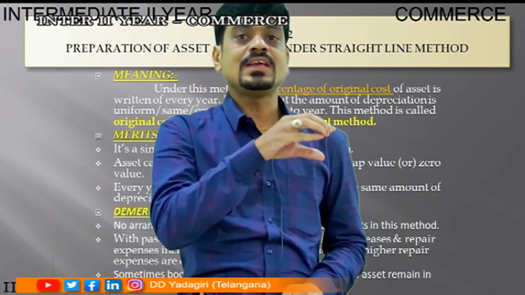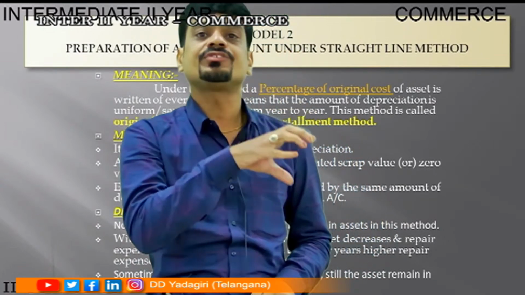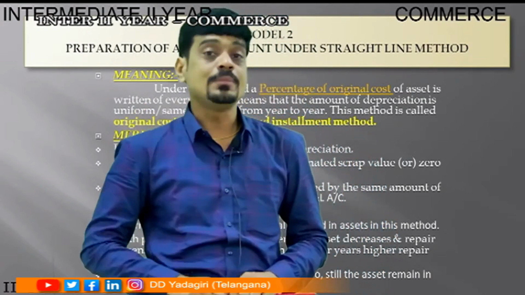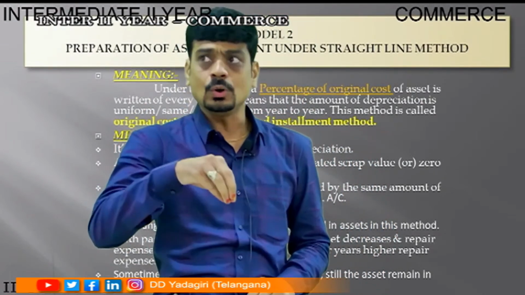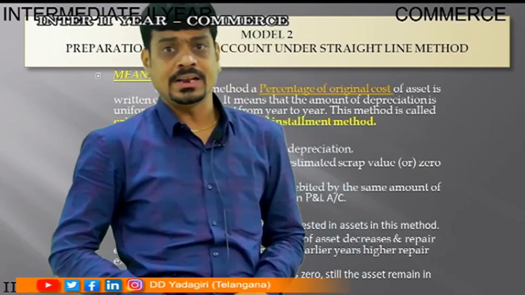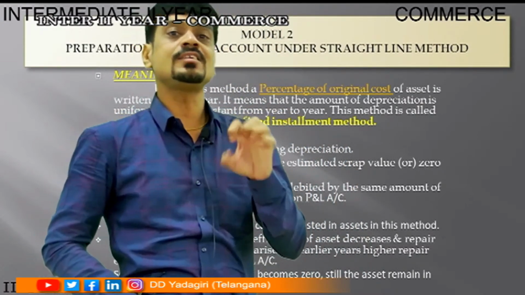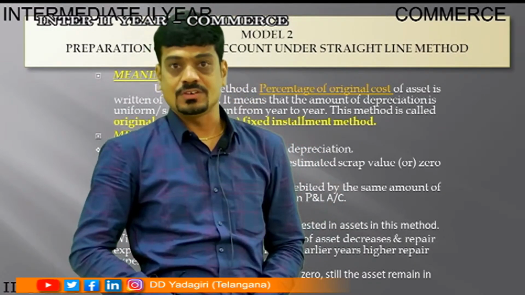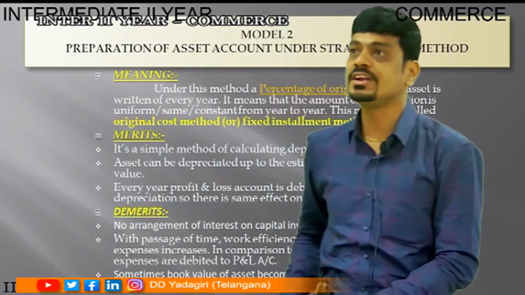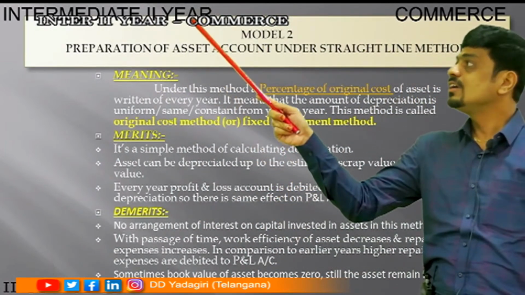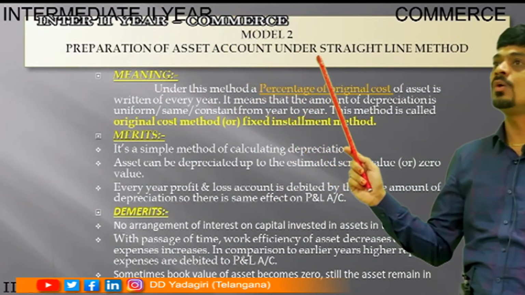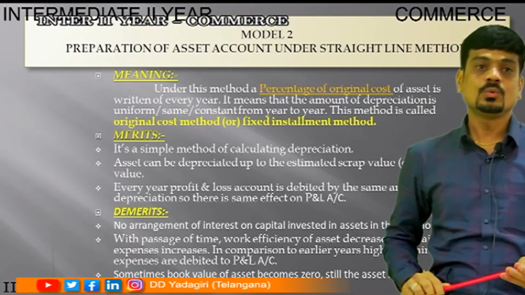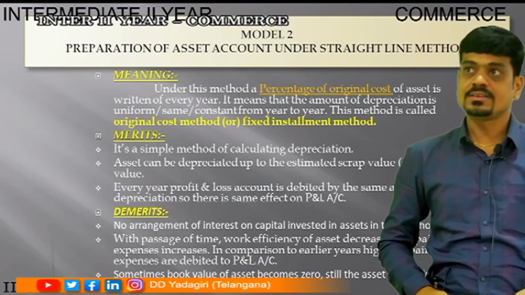One is when we follow the straight line method, and the other is where we follow the diminishing balance method. So it's very important to first know the concept of the method of charging depreciation. The first method, under which we are going to prepare the asset account, is the straight line method.